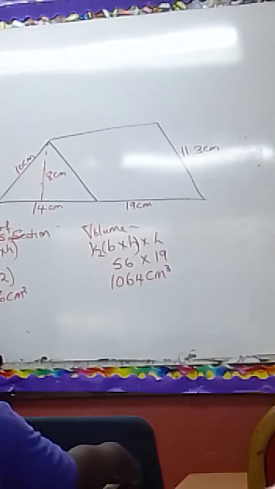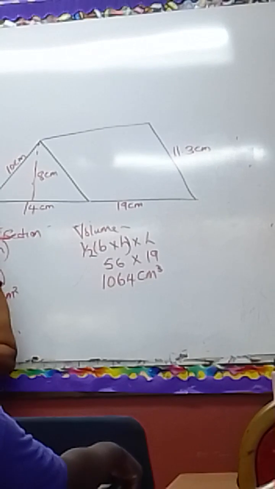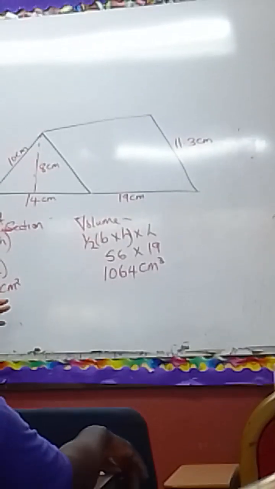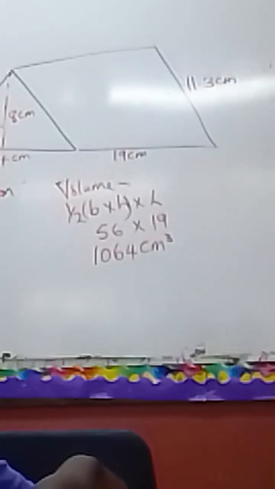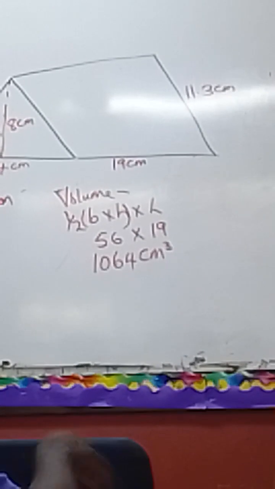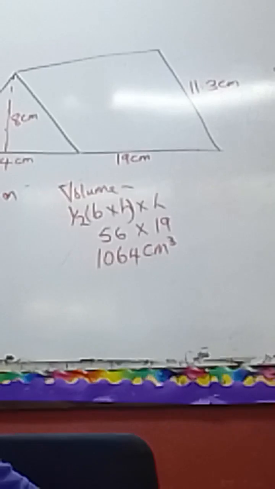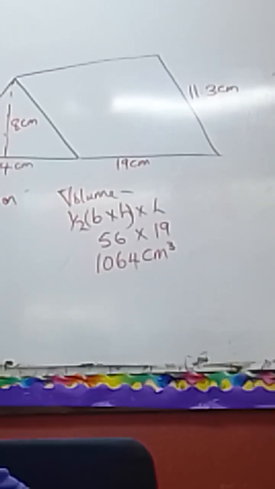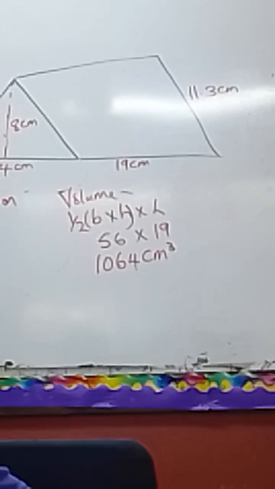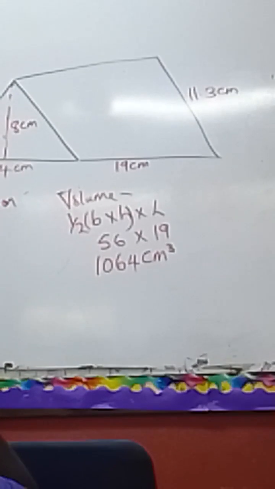Now remember I said please put your units in. We love to just put down figures, and we need to know if it's centimeter, if it's cube, if it's square. We need to make sure that the units are in your problem. So in this case, 56 centimeters square, because this is the area.